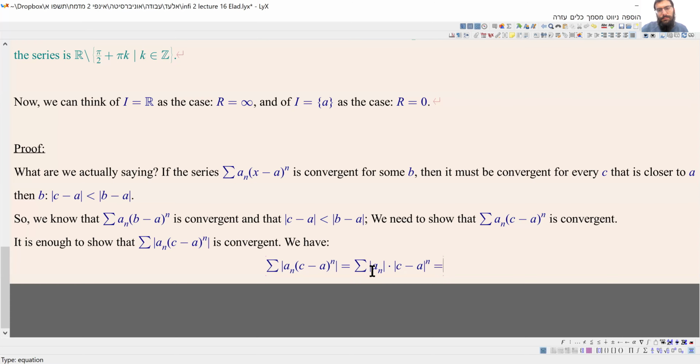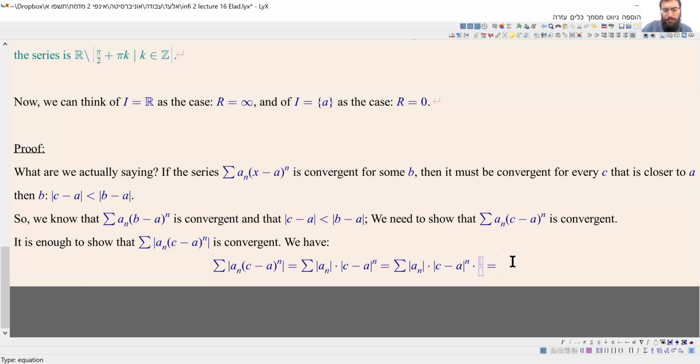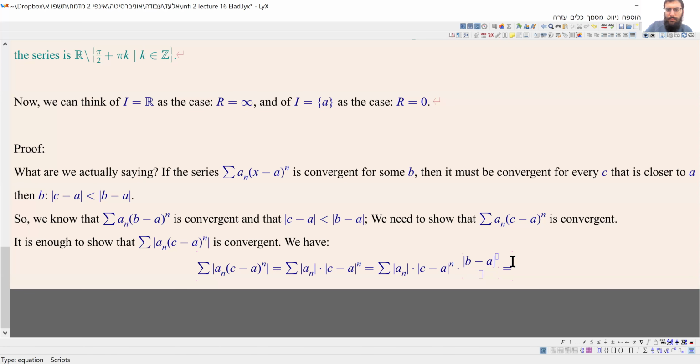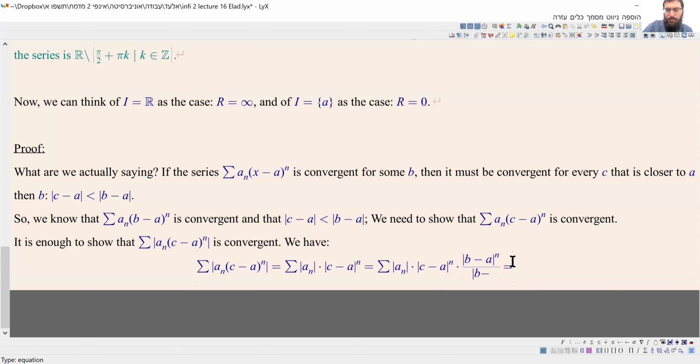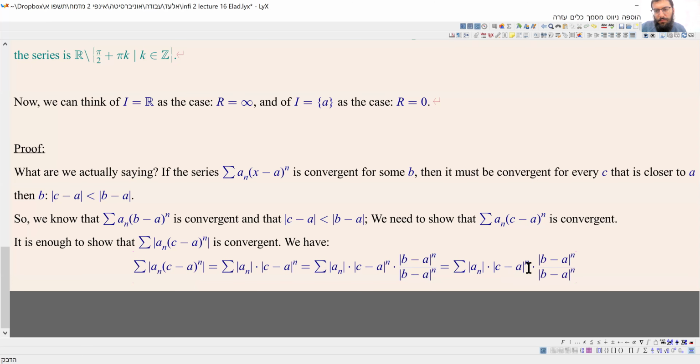Now the trick: I multiply and of course divide by b minus a to the power of n. That way, I can write it down in the following way.